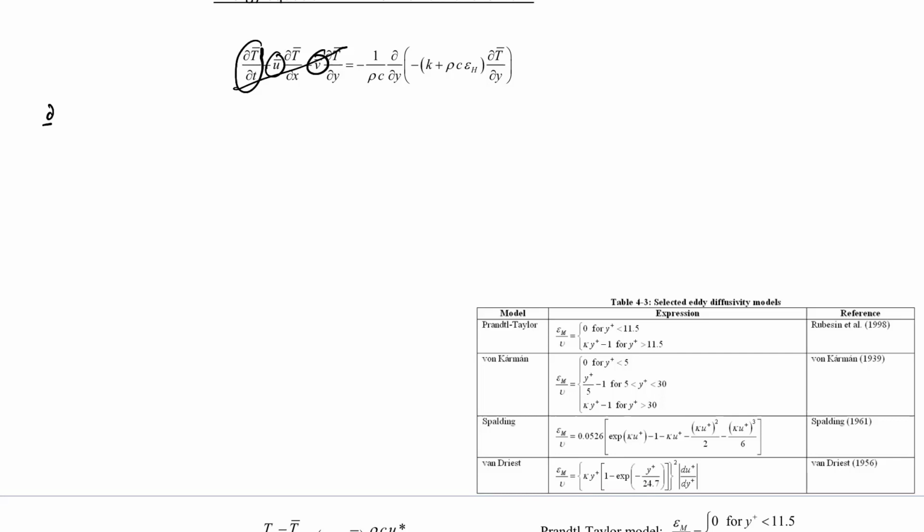We have d dy of minus k plus rho c epsilon h, which is our thermal eddy diffusivity, times d temperature dy, and that is equal to 0, right? That's the only thing that's left. It's equal to 0, at least approximately close to the wall.